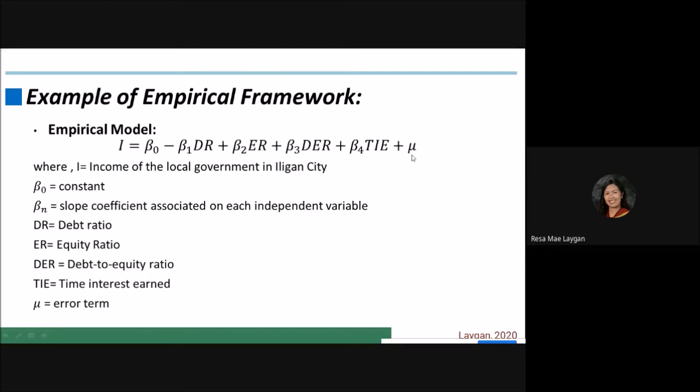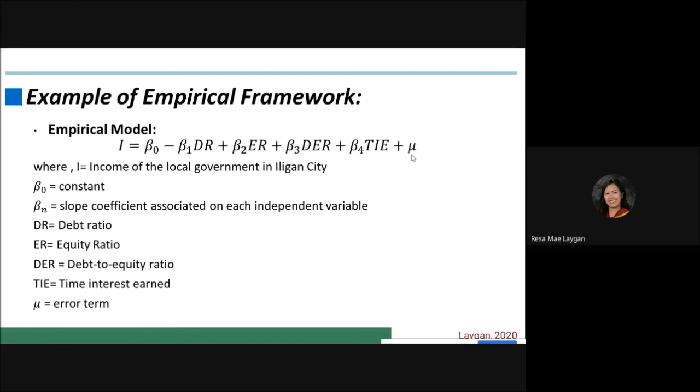And I have here the mu, which pertains to the error term, because your empirical model is not 100% accurate, right? So there is always a discrepancy in your empirical model, and that is why I have this error term. So this is how your empirical framework looks like.